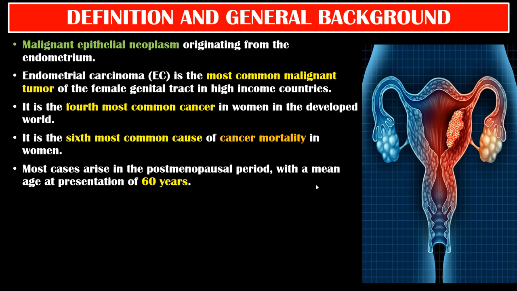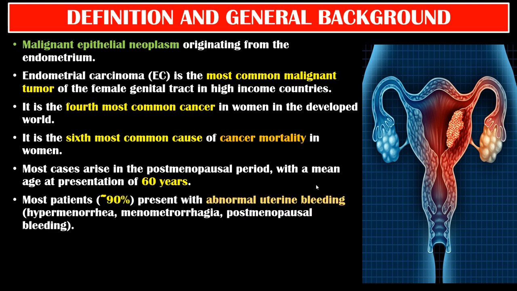Most cases arise in the postmenopausal period with a mean age at presentation of 60 years. Most patients, approximately 90%, present with abnormal uterine bleeding, such as hypermenorrhea, menometrorrhagia, postmenopausal bleeding.